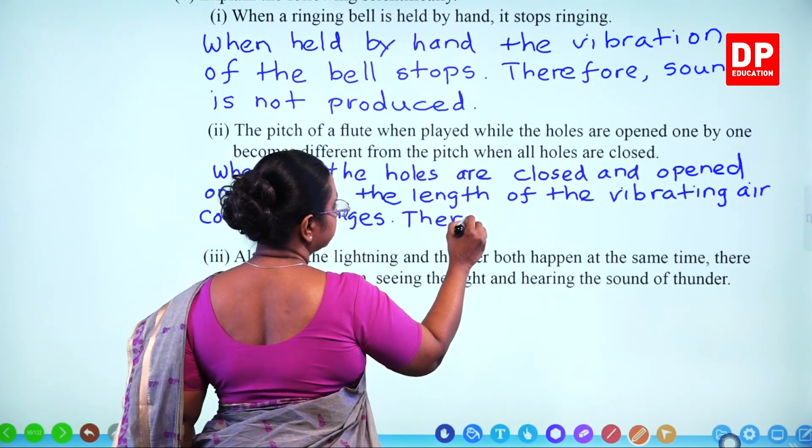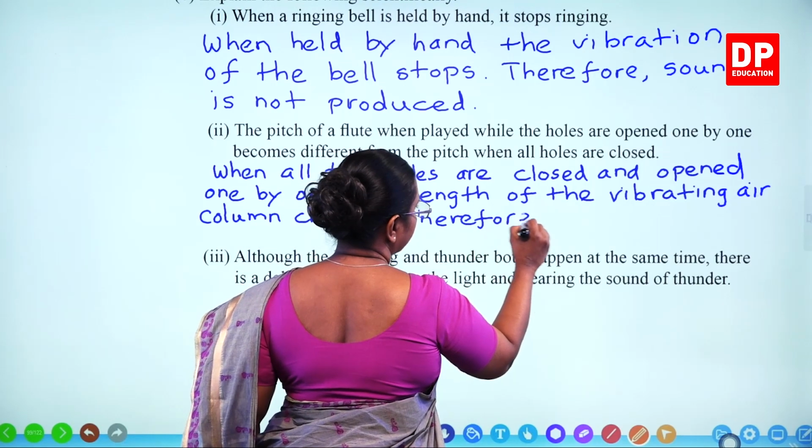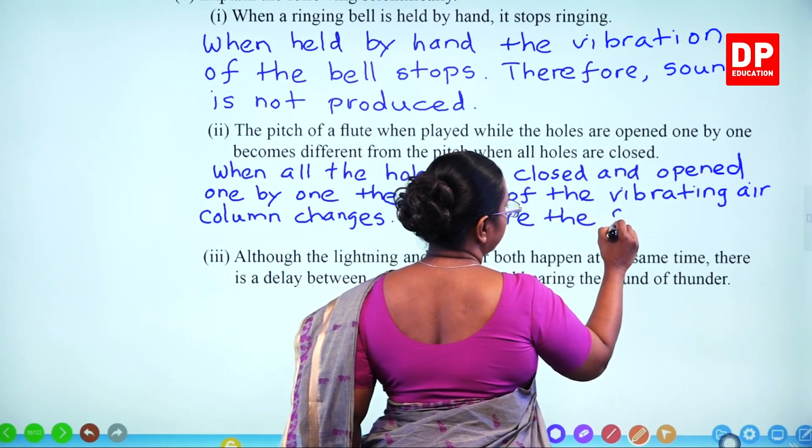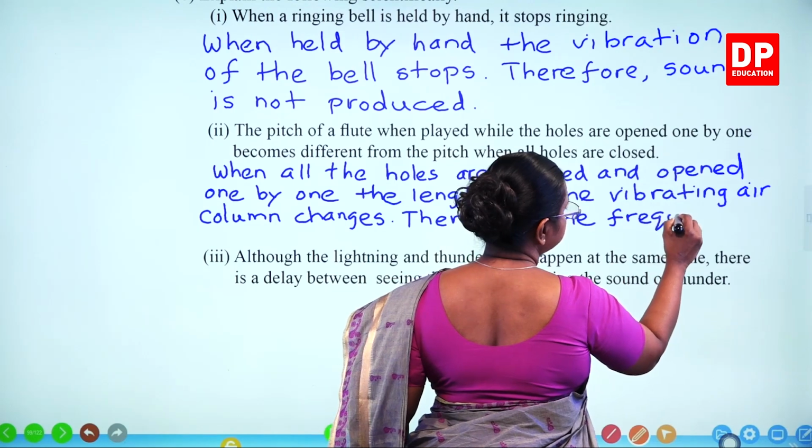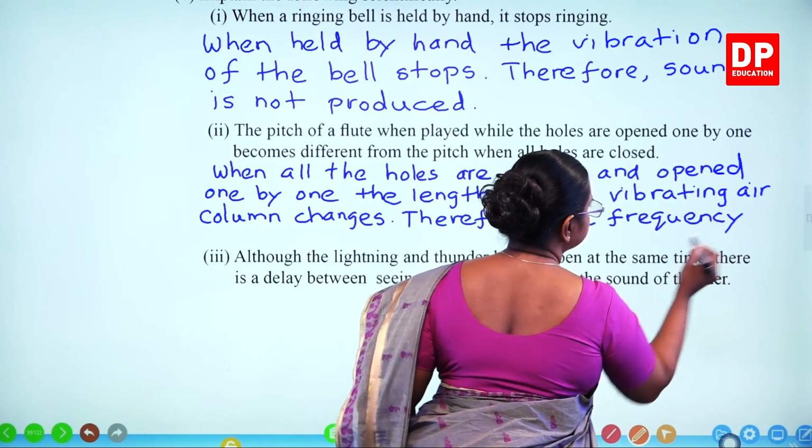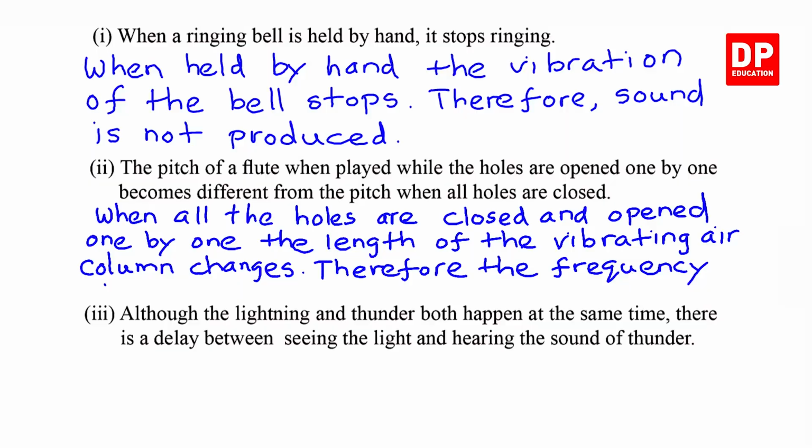Therefore, the frequency changes and thus the pitch of sound.